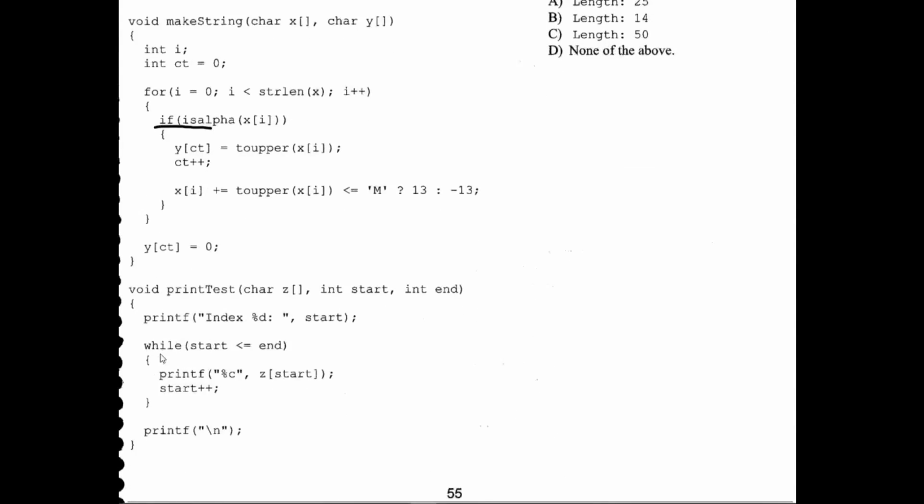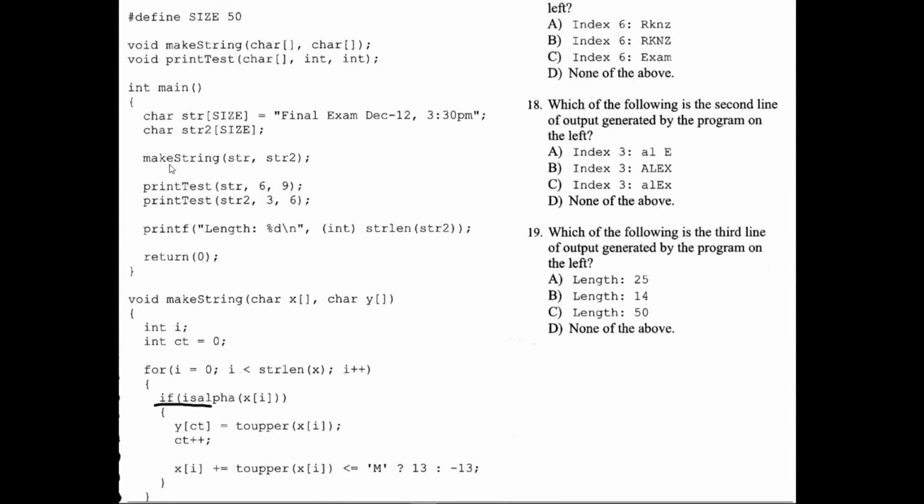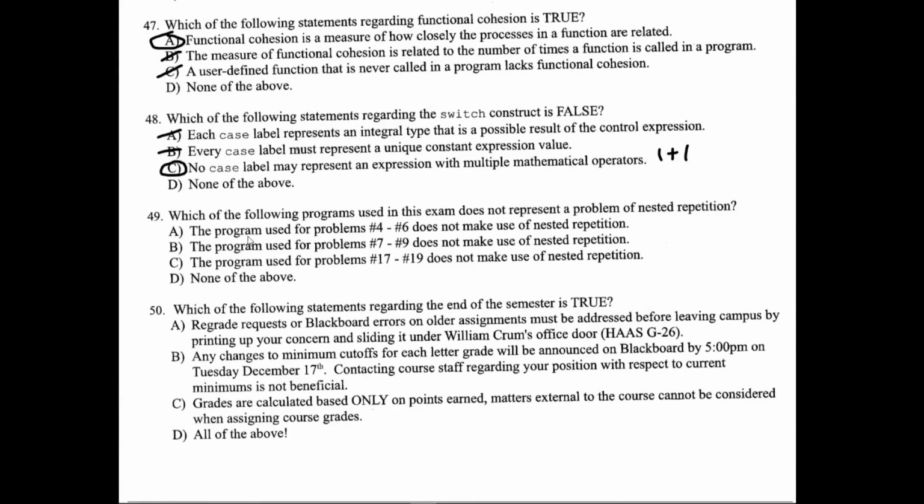And then in the print test function, there is again a while loop, but there is no nested repetition within the while loop. And again, there's no repetition within the main function that calls these functions, so there is no nested repetition in the code for problems 17 through 19. So the answer to 49 is C.